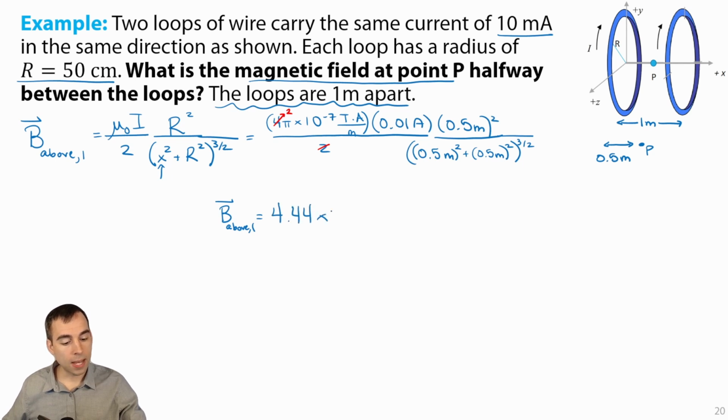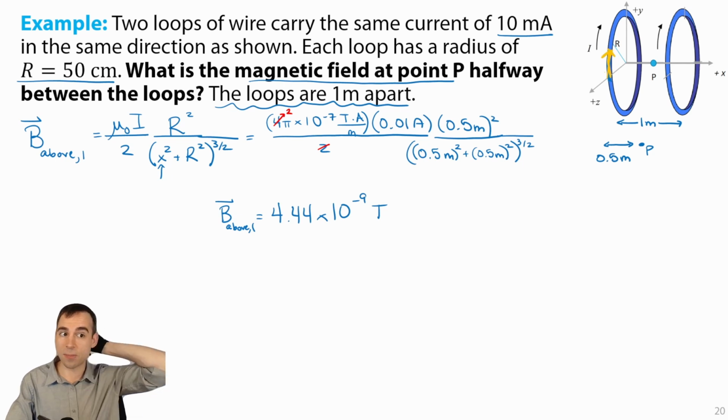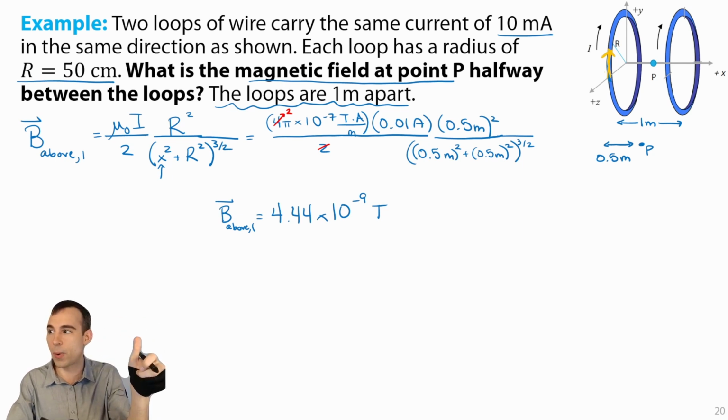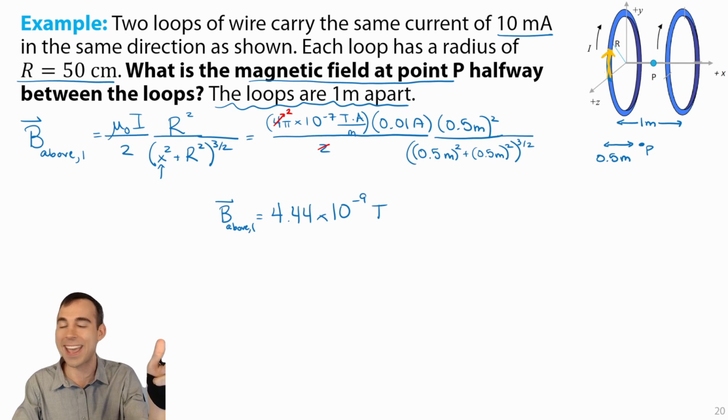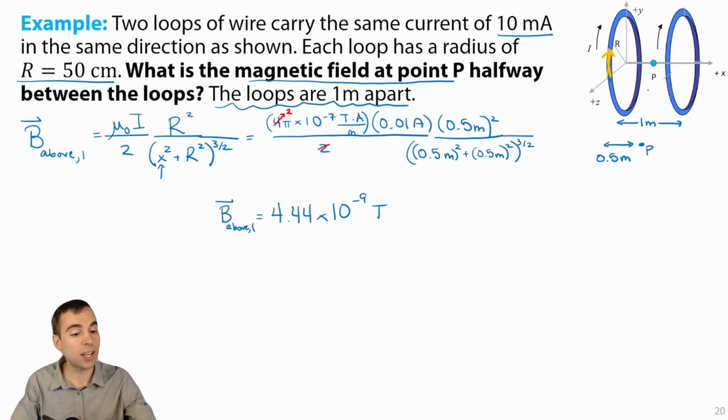4.44 times 10 to the minus 9 Tesla. And the direction that this would point would be according to the right hand rule. So I would have to grab onto this current loop with my right hand, and I would ask myself, what way would the current point if I was to grab it with my right hand? That would have a magnetic field that goes in from the right side and goes outward from the left side everywhere throughout that loop.